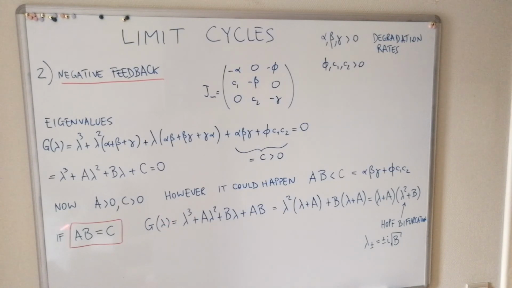In particular, let's study the case when A times B is exactly equal to C.